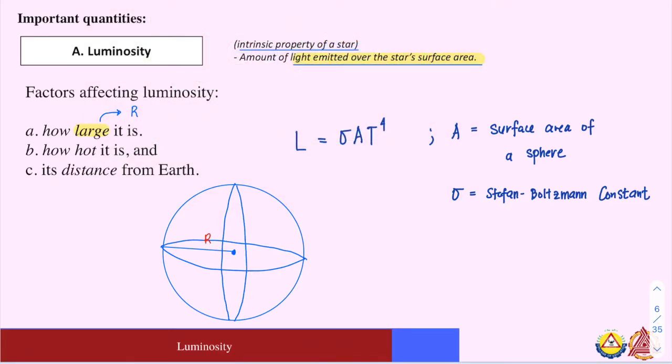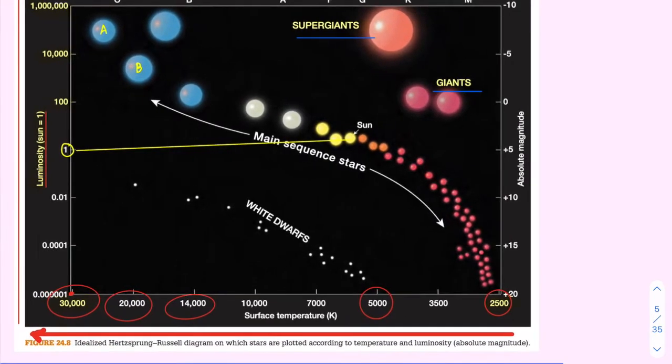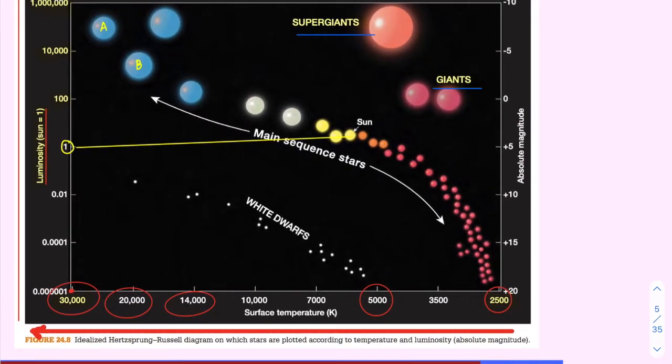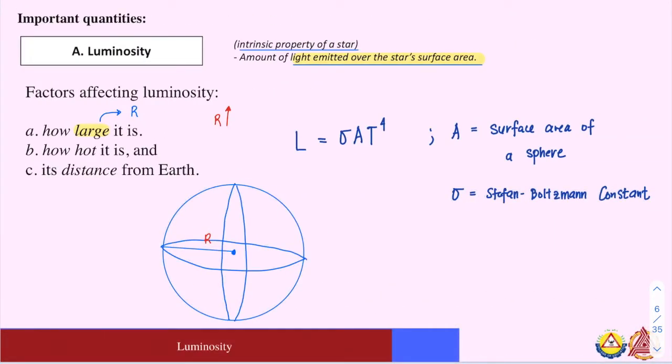So, as your radius is increasing, for the case of very large stars, they tend to be very luminous, as you can see in this Hertzsprung-Russell diagram. And also, the amount of light emitted over the star surface is also high. Daghan ang quantity sa light nga i-emit sa star surface.